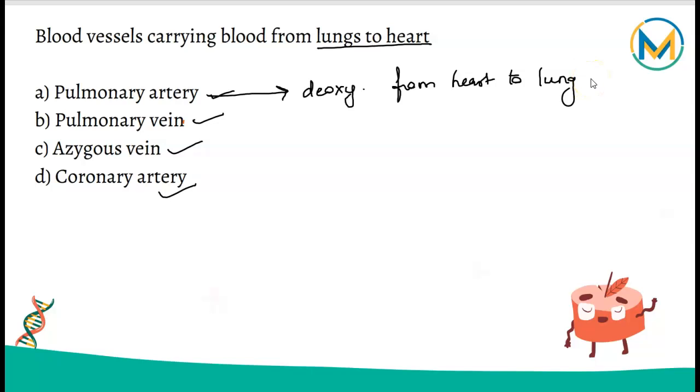The pulmonary vein brings oxygenated blood from lungs to heart, so that it could be pumped to different parts of the body.